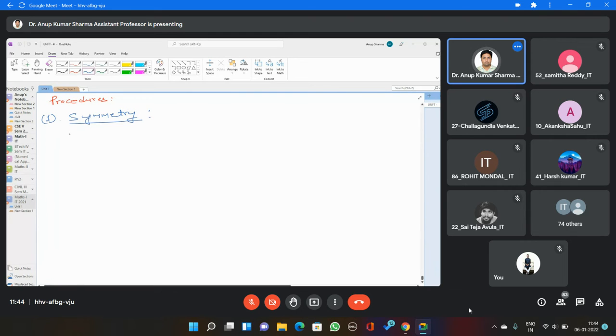We know if the power of x is even, then the curve is symmetrical about the y-axis. If the power of y is even in the equation, it is symmetrical about the x-axis.